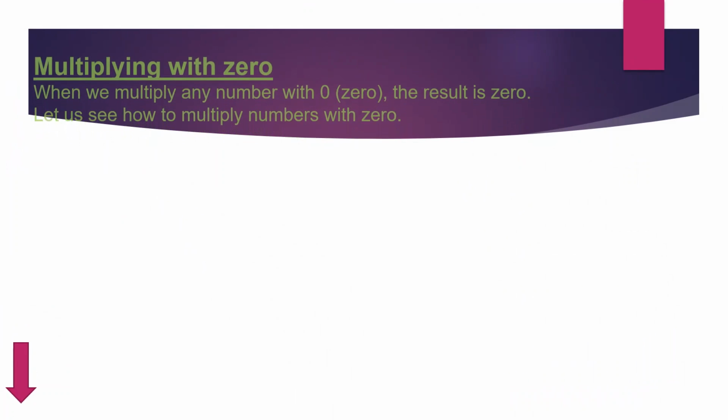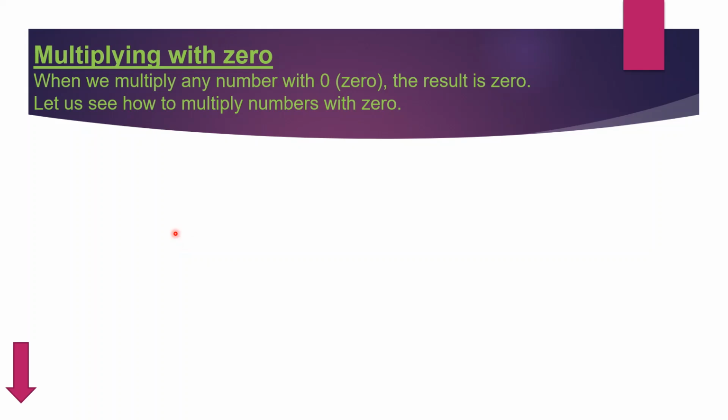Now, another: multiplying with 0. When we multiply any number by 0, the result is 0. Let us see how to multiply numbers with 0.